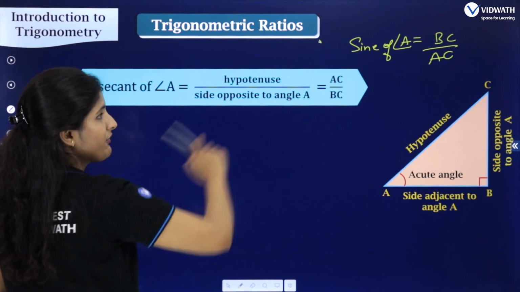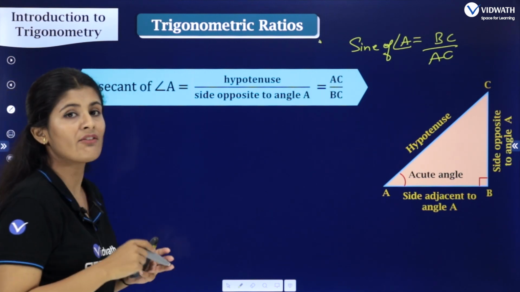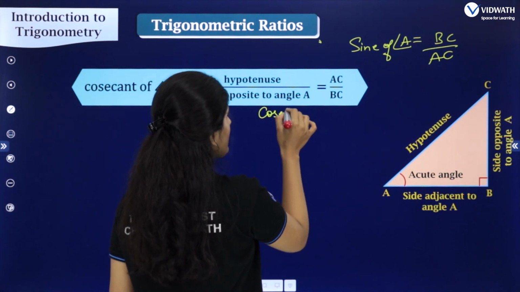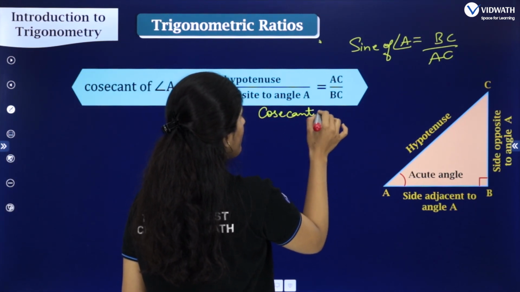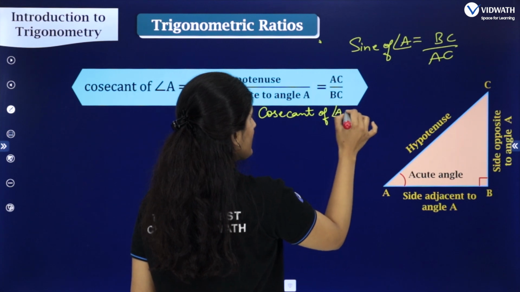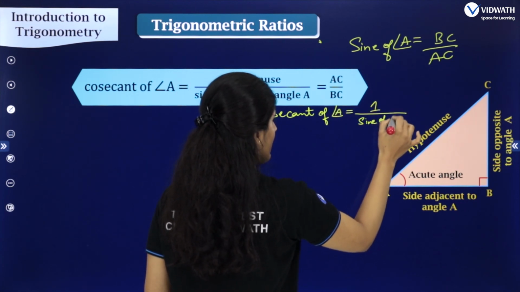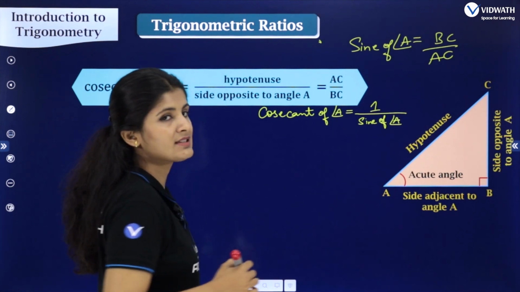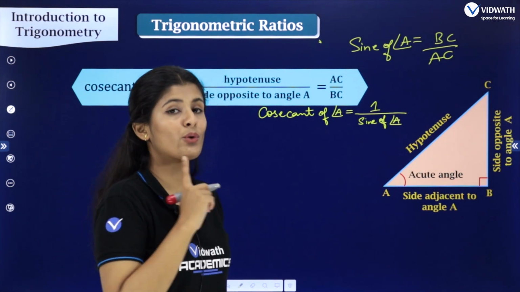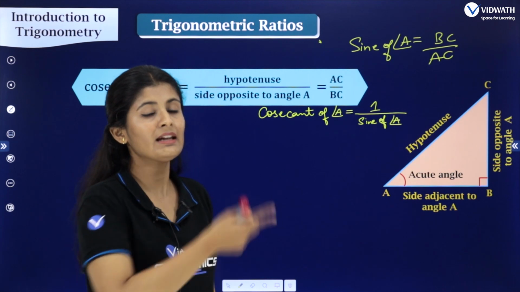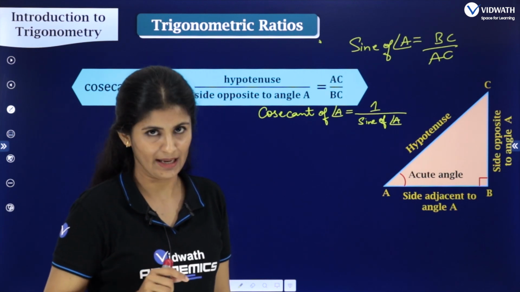Therefore, cosecant of angle A is nothing but 1 over sine of angle A. That is, if you know the sine of angle A, then by just taking the reciprocal, we get the cosecant of angle A.